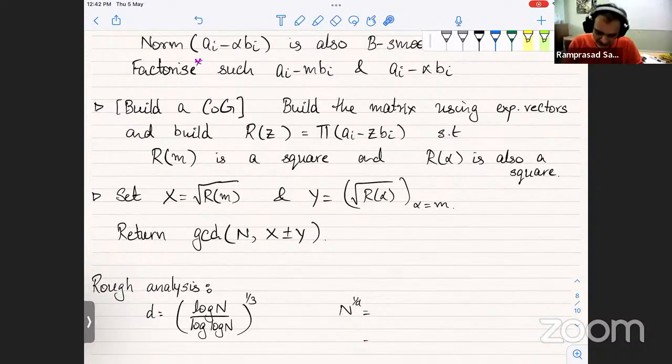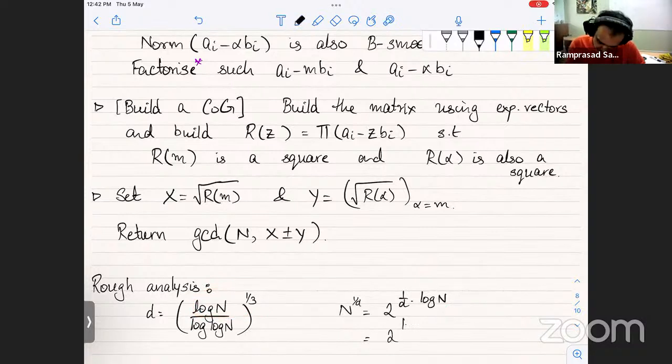So let's write this n to the power 1 over d slightly differently. I'm going to write it as 2 to the power 1 over d times log n, since I'm just writing n as 2 to the power log n. And what is this going to be? I have a log n, but I'm dividing by log n to the 1/3, so I'm left with log n to the 2/3.